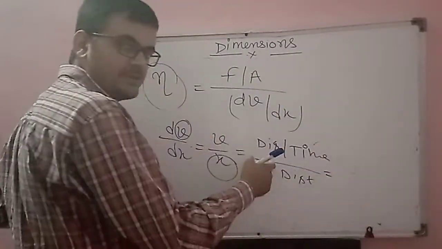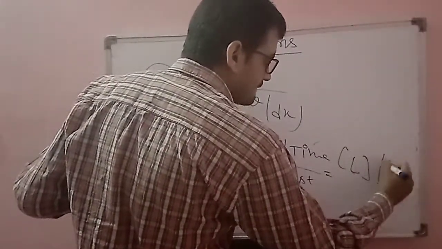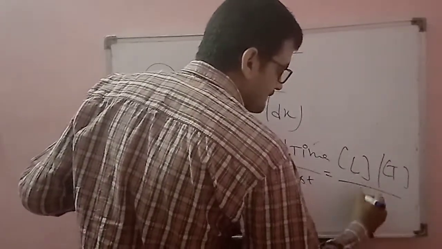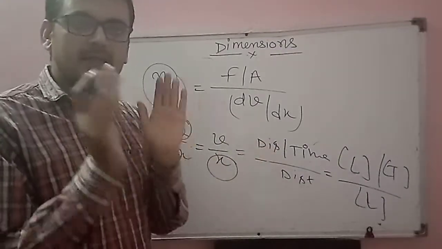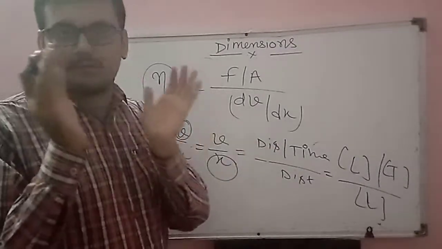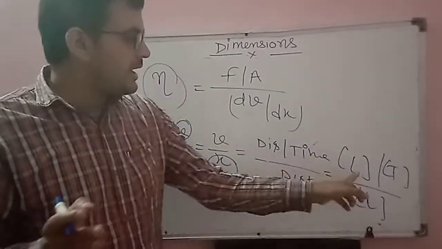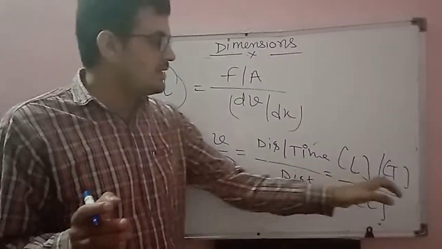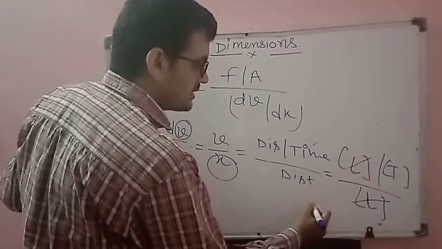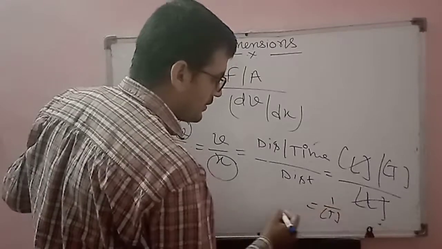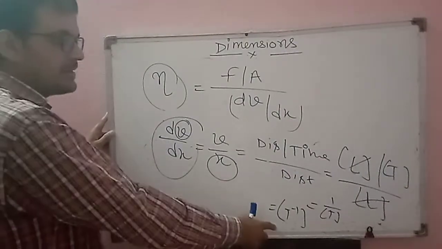Dimension of displacement will be L upon time, upon L. Beta, displacement means length. Length is measured in meter, and the dimensional symbol for meter is L. Time is measured in second and its symbol is T. Distance means length again, L. So we will cut this L by this and it will be 1 upon time, or you can say time inverse. So the dimension of dV over dx will be time inverse.